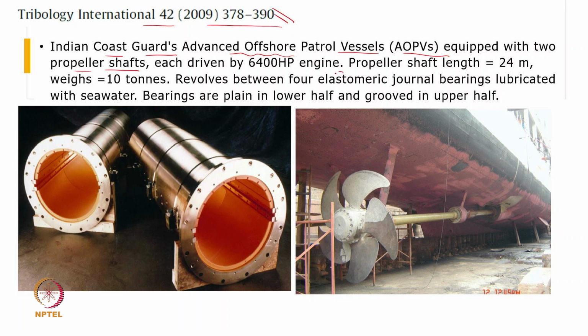driven by a 6400 HP engine. Each propeller shaft length was around 24 meters, weight around 10 tons. The propeller shafts were supported on four bearings in total, and the bearings are plain. You can see here these bearings are plain, but on the top they have grooves.